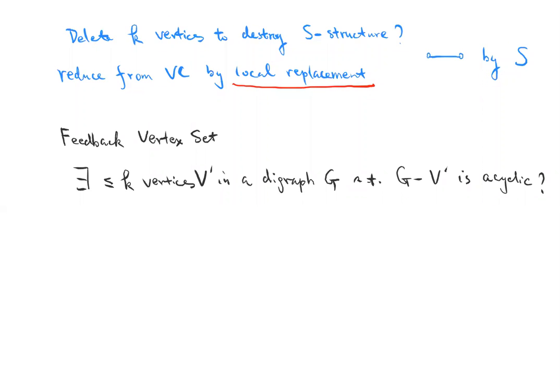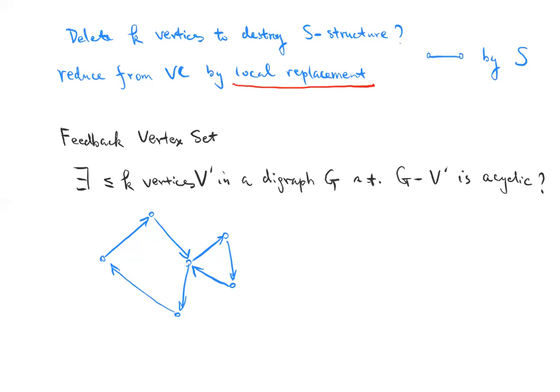Our input will be a digraph. The question is, can we delete at most k vertices so the graph becomes a DAG?